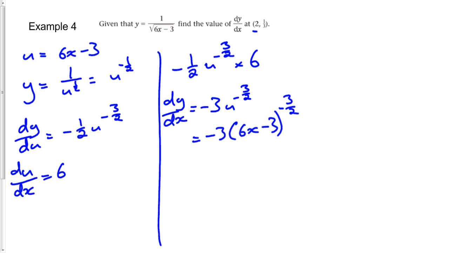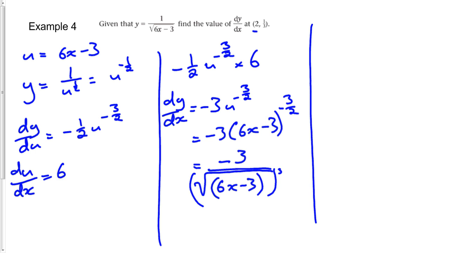So what we need to do here is put this back down on the bottom. Because it's a negative fractional power, we can have minus 3 over 6x minus 3 to the power of 3 over 2, which of course we know is the square root, and then cube that.